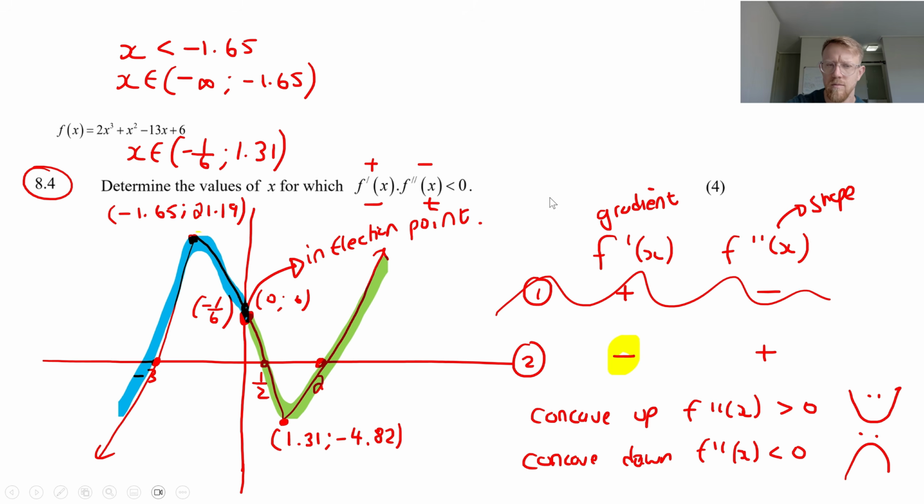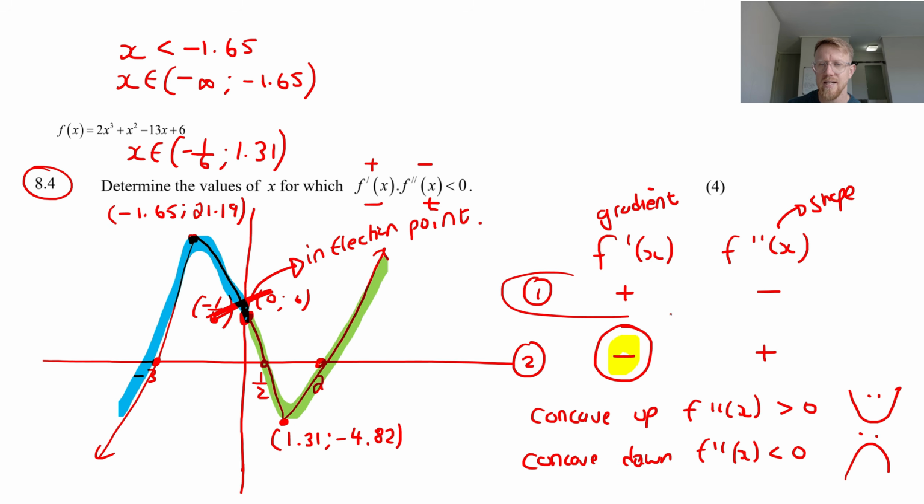Now I know that some of you are probably wondering why we went from here only up to here. Why didn't we carry on this side? Because remember, we are looking for areas where the gradient is negative, and the gradient is only negative up to there. So we wouldn't include this part as well, because there the gradient is positive, and that we only looked at in the previous scenario. But now we are in a scenario where the gradient has to be negative, so it's only that portion over there.